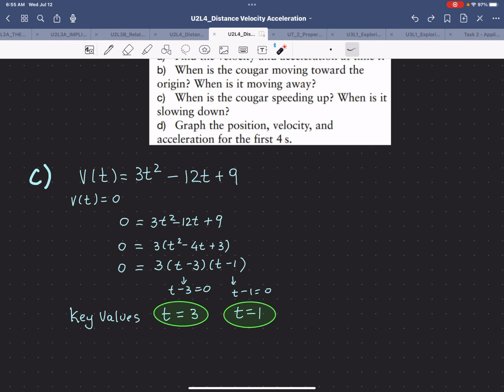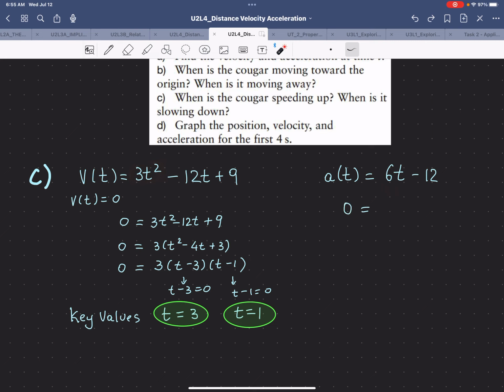So now we have to determine the equation of acceleration. Remember, acceleration is the first derivative of velocity or the second derivative of position. So obviously it's faster here to differentiate velocity. And we're going to say acceleration equals the derivative of 3t squared, which is 6t, and the derivative of negative 12t, which is negative 12.